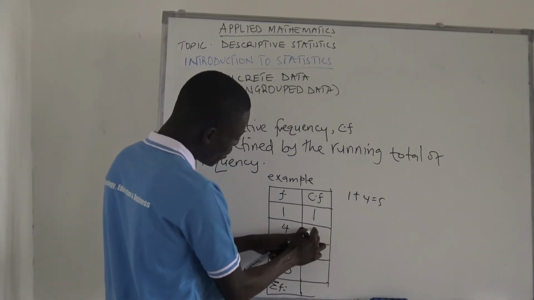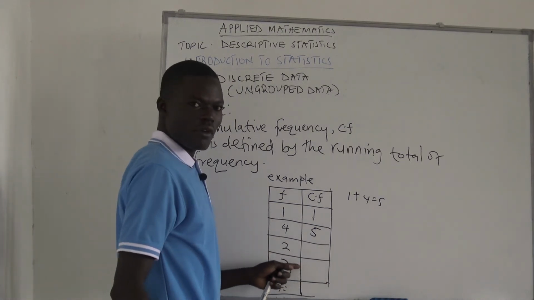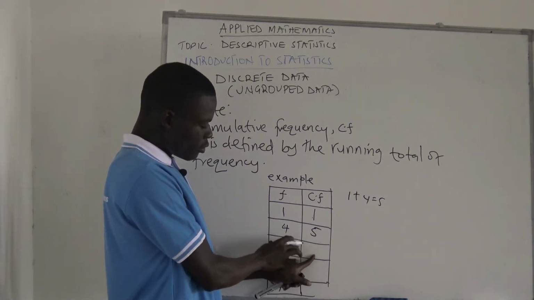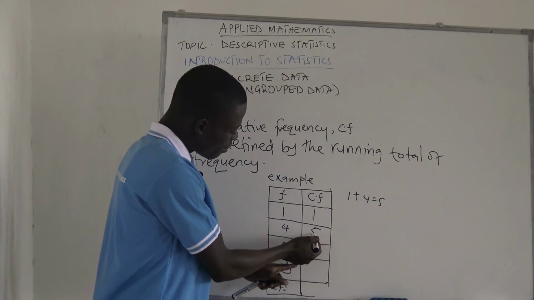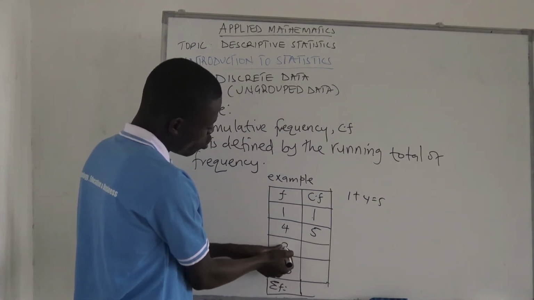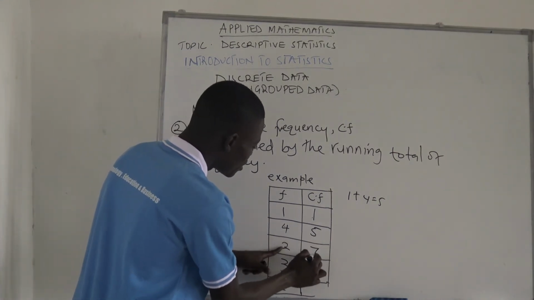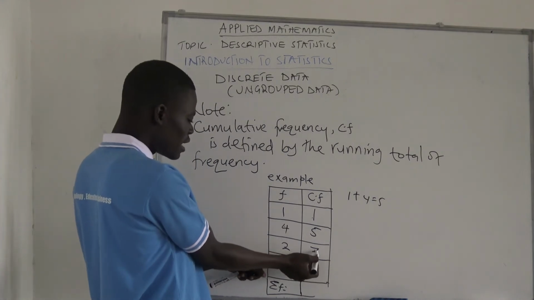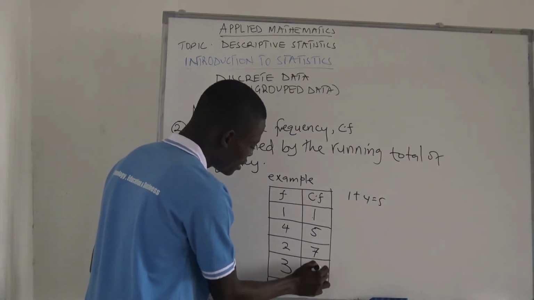To get the third cumulative frequency, we get 5 plus 2, which is 7. And then the last one, we get 7 plus 3, which is 10.